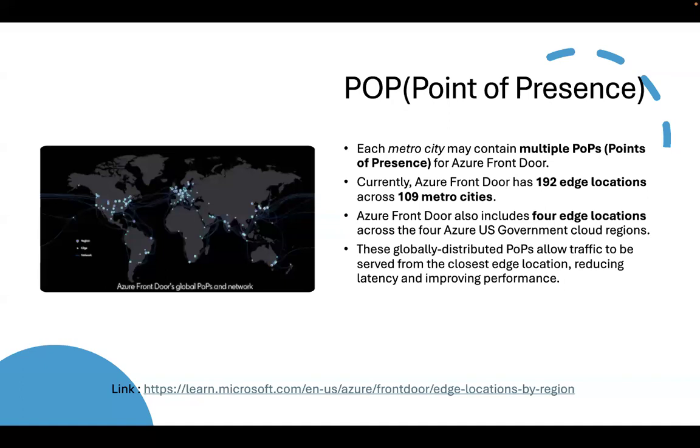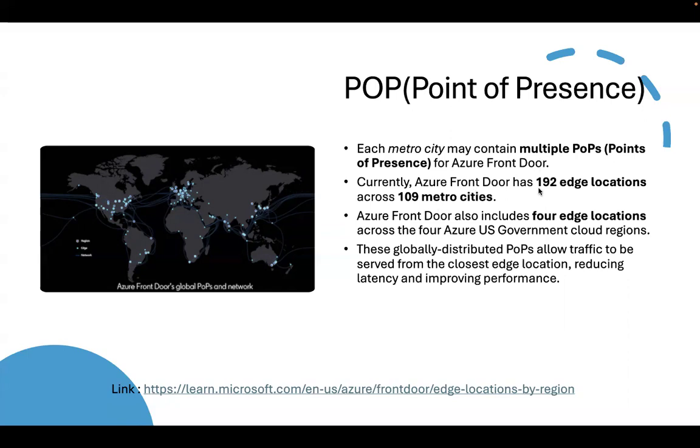Point of presence is one important thing you have to mention when somebody asks about Azure Front Door. Azure Front Door has multiple points of presence throughout the world. Each metro city may contain a point of presence.